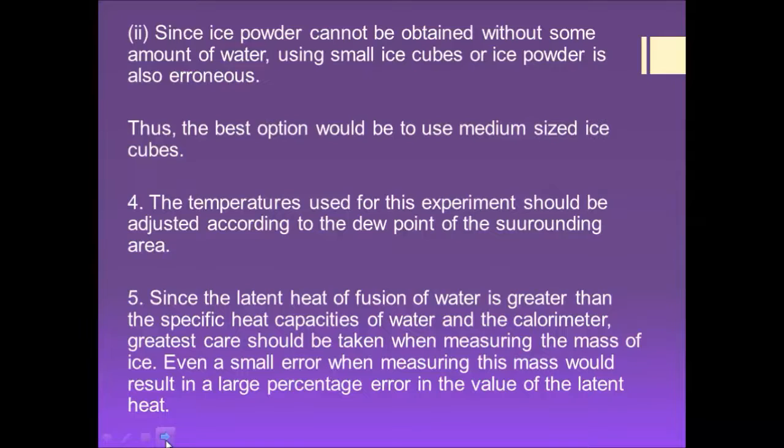Now consider when the ice particles are very small, right? So we are going to the other extreme. When ice particles are very small, we can assume that they are almost like ice powder. Since ice powder cannot be obtained without some amount of water, using small ice particles or ice powder is also erroneous, because we have not included the part where ice has water at the beginning.